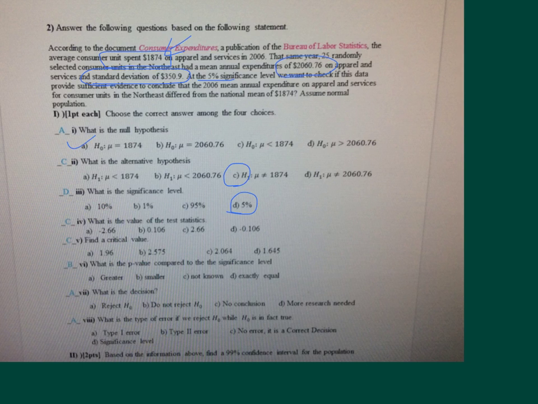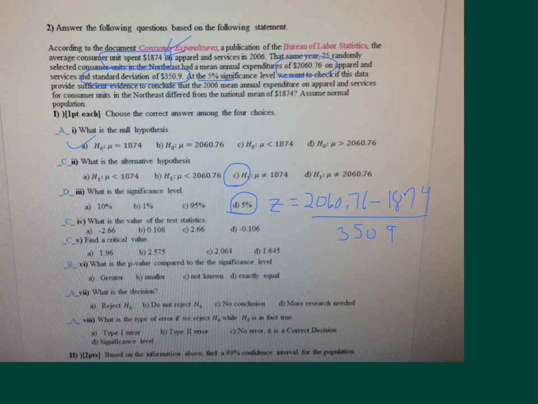And the value of the test statistic, so let's have a look and see what they did with that. Again, it's going to be a z-score, and the sample that they found was 2060.76 compared to a population average of 1874 over your standard deviation of 350.9.